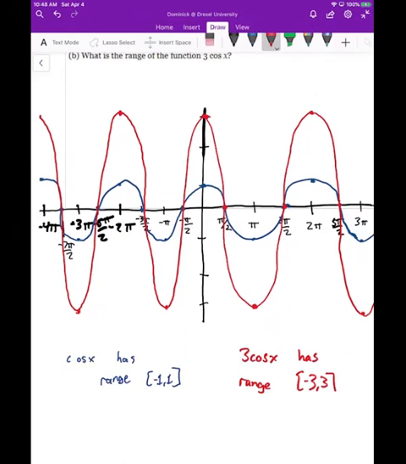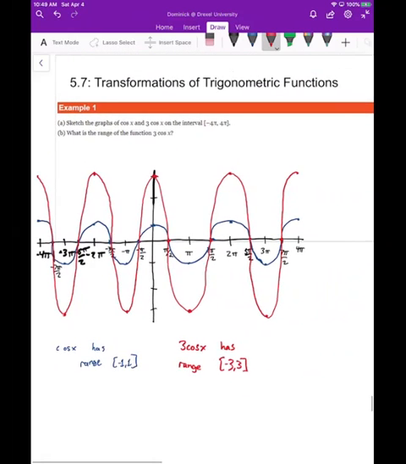And of course that makes sense because all we've done is stretch everything by a factor of 3. So the blue represents just regular cosine, and then the red is the 3 times cosine. So that's the difference between those two graphs.